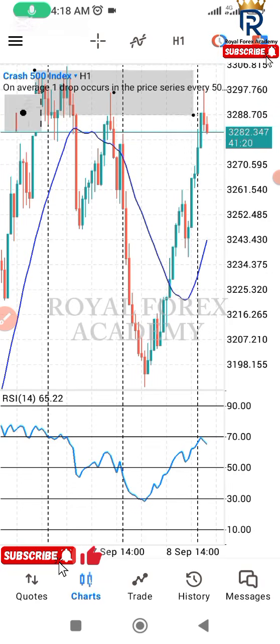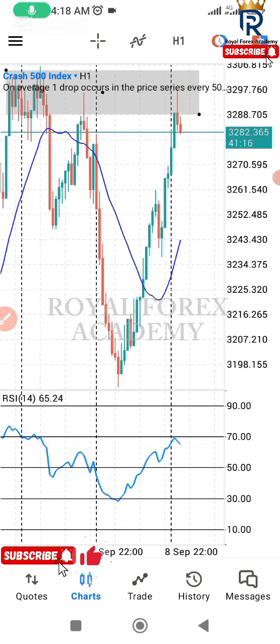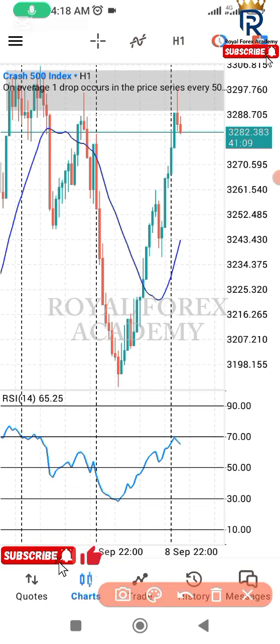This is the resistance zone. If you must use the overbought and the oversold, it must be either in an order block or in a support and resistance zone. For instance, price is at 70. This is a major resistance. So for a reversal, you can see that happening.